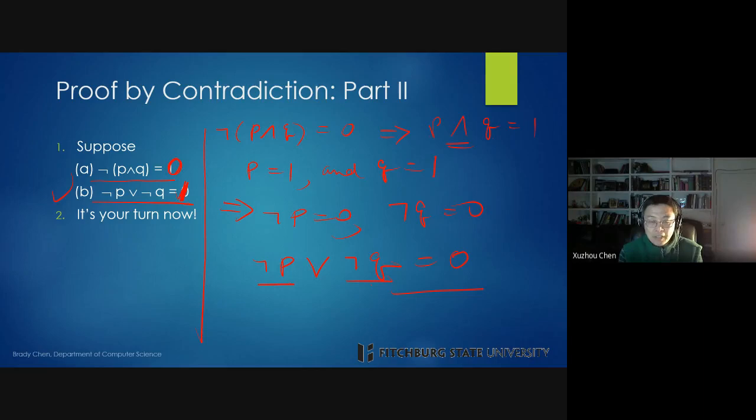For example, you have a truth table like 1 and 1 is 1, 1 and 0 is 0, so it's a logical operation. But if you have a very complicated logical expression, you can perform a more complicated operation.